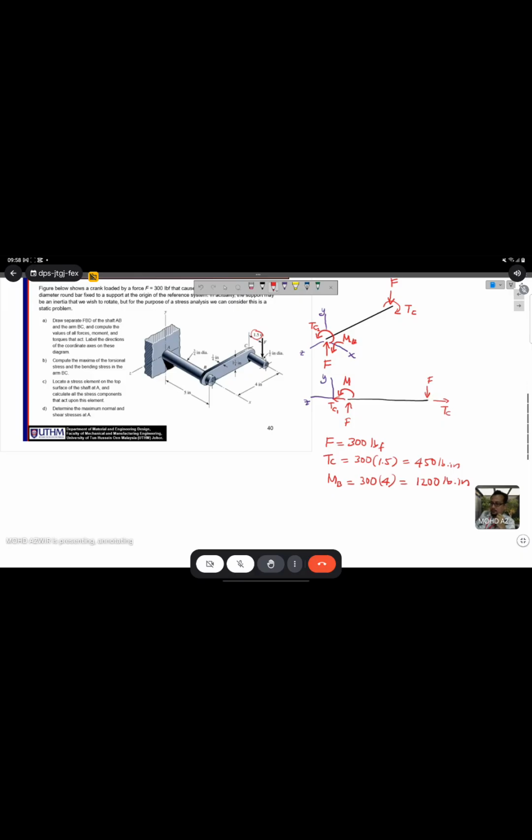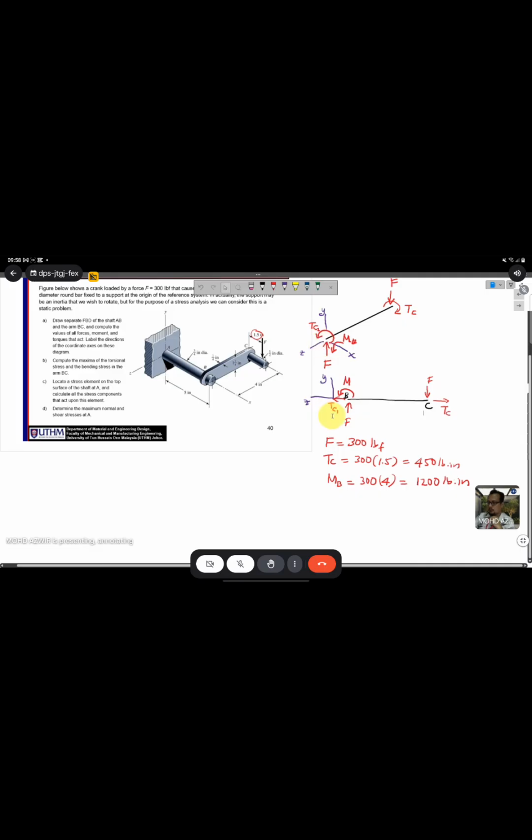So that's all the forces acting on the arm BC. This one is B, this one is C. We have already calculated all the forces, F and TC.